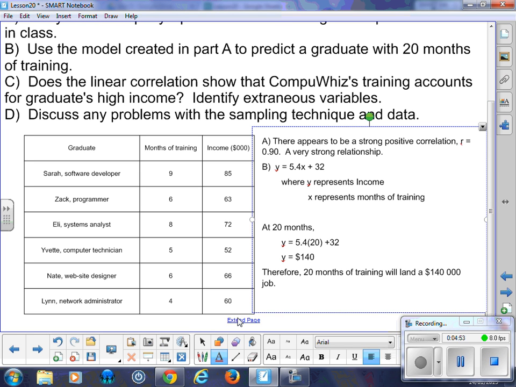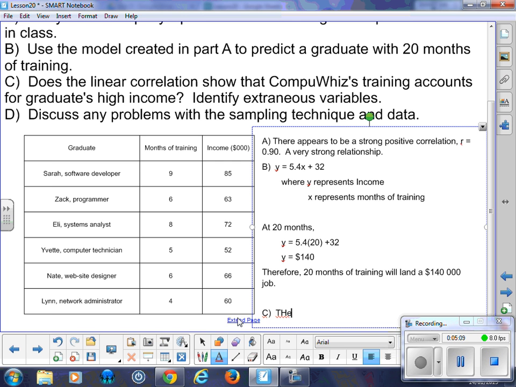All right, now C. If we look at C, does the linear correlation show that CompuWiz's training accounts for graduates' high income? Okay, so first of all, do we believe the linear trend that we have found in B part will continue?